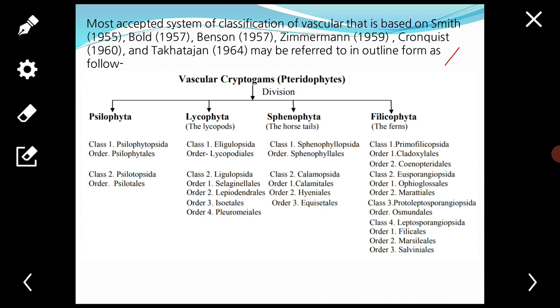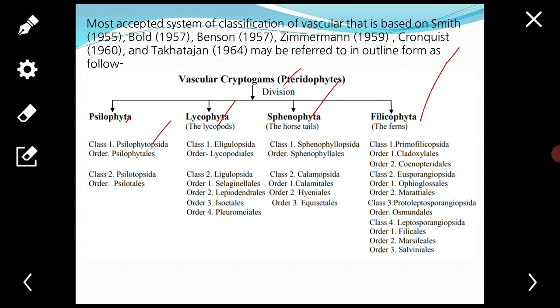According to these, the whole of the pteridophytes is divided into four divisions. One is Coelophyta, second is Lycophyta, third is Sphenophyta, fourth is Pterophyta. Coelophyta comprises two classes.